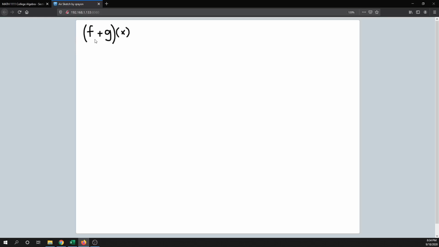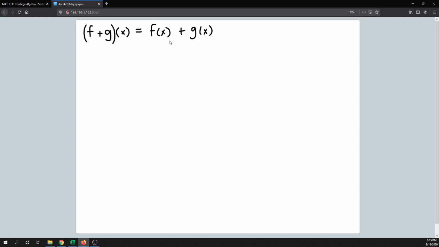All right, so just like any function, we have the name, and then we have the variable that you're going to be plugging stuff into. And then over on the right-hand side, we have the formula, right? The formula here is really simple. It's just take the function f and then put a plus and then put the function g. So we're essentially adding these two functions together to make a more complicated function, okay?